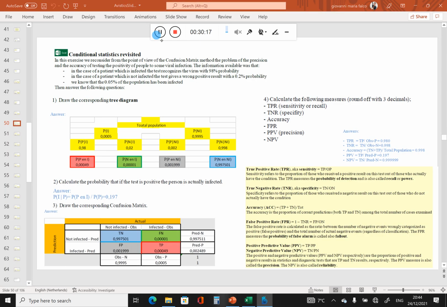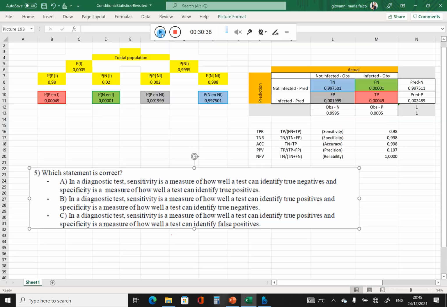So we have answered question 4, and in the last part of this exercise we will answer a series of questions where you don't need to calculate, but where we reflect on these measures that we have introduced. The first one is question 5.